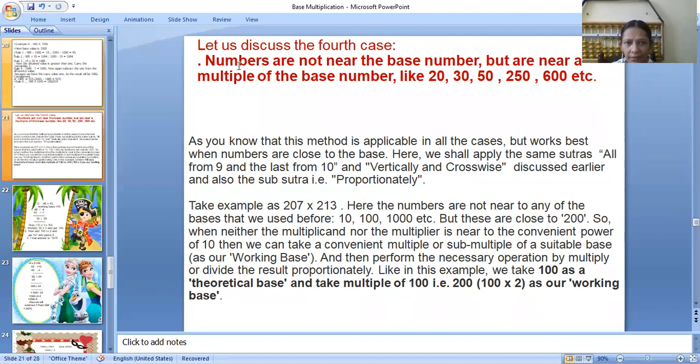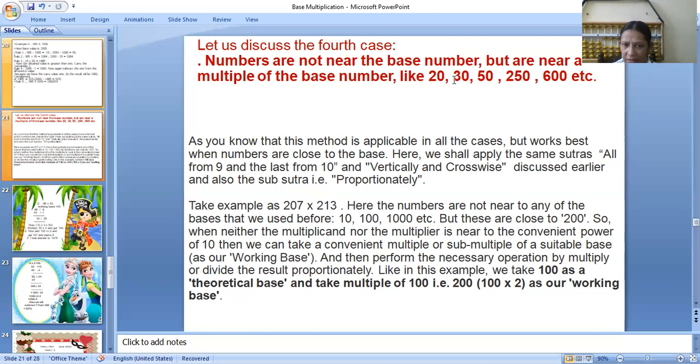Now, the thing is, numbers are not near the base, which are close to 10, 100, 1000. Now, you can just look at these bases. These are called the working base. You can see here the base is not 10, 100 or 1000, but the base is 20, 30, 50. This is called the working base.